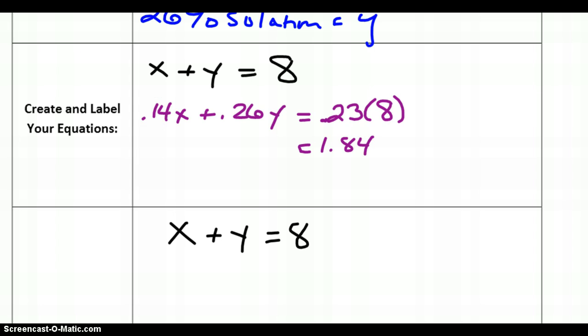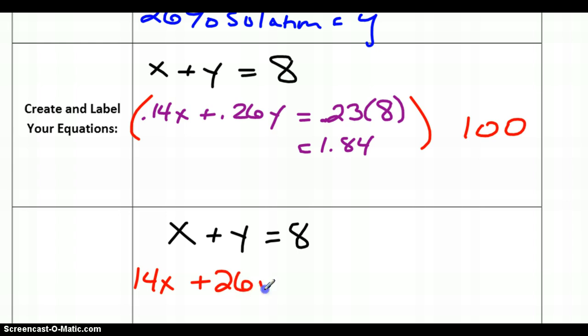And for the second one, I'm going to multiply that one by 100 again, just so I don't have to use the decimals. So we're going to call this one 14x plus 26y equals 184. Multiplying by 100, 100, and 100.